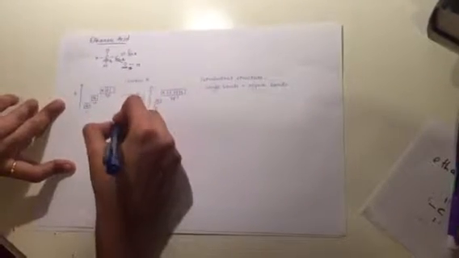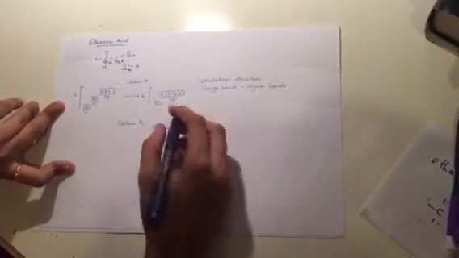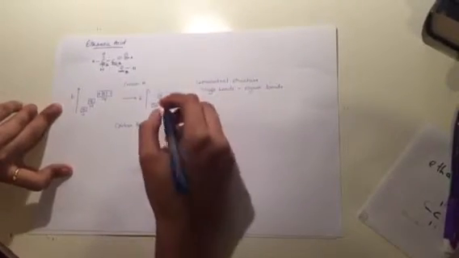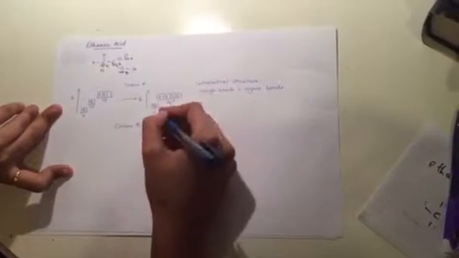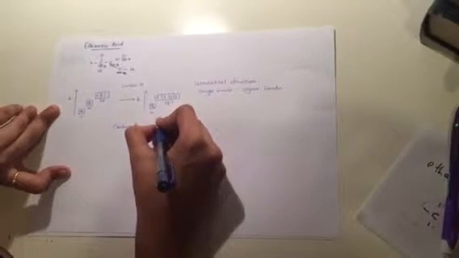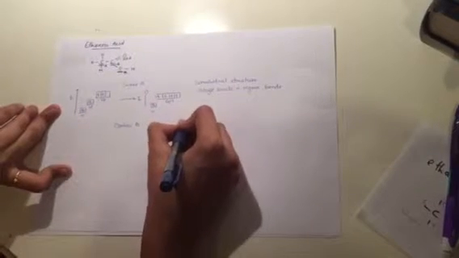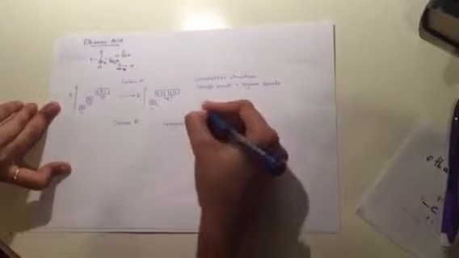Then coming to carbon B. Carbon B, as you see, has 3 electron domains around it, thus showing that it has a trigonal planar shape.